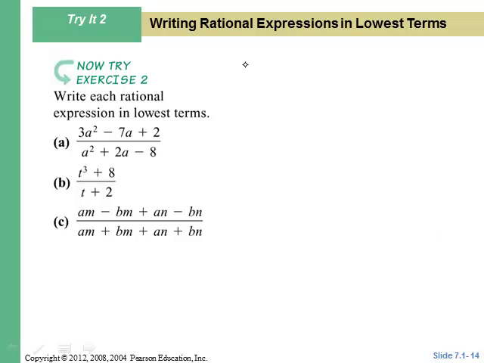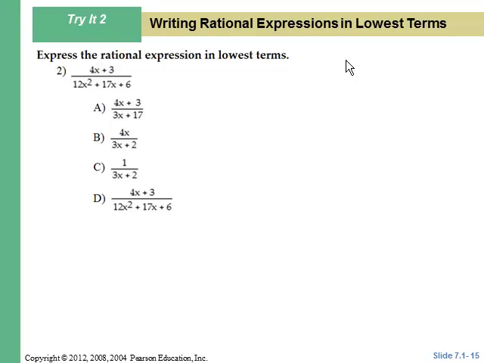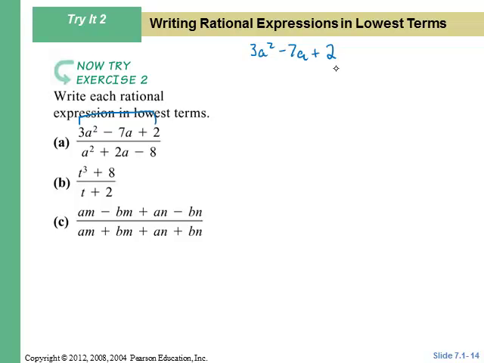All right, the numerator, this times this is 6. So 3a squared minus 7a plus 2. Split the middle term into negative 6a and negative a. What two numbers multiplied equal 6, added equal negative 7? Yeah, negative 6 and negative 1.